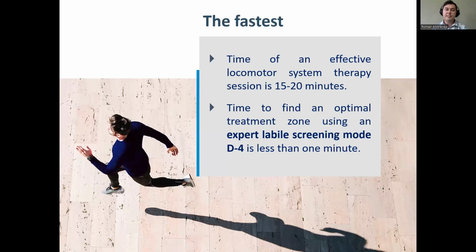Scenar is the fastest device, especially when we talk about the professional model, which is the focus of our lecture. Compared to other devices, or even to home devices of the same Scenar series, when we use a professional scanner, we can achieve the same positive results, the same feedback, the same positive dynamics from our patient in only 15-20 minutes, compared to 20 to 30 to 40 minutes with the home or patient device.